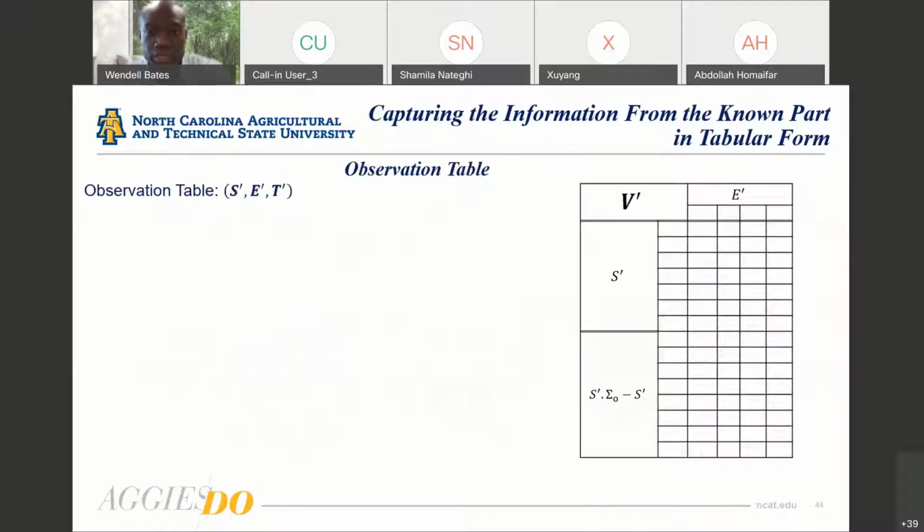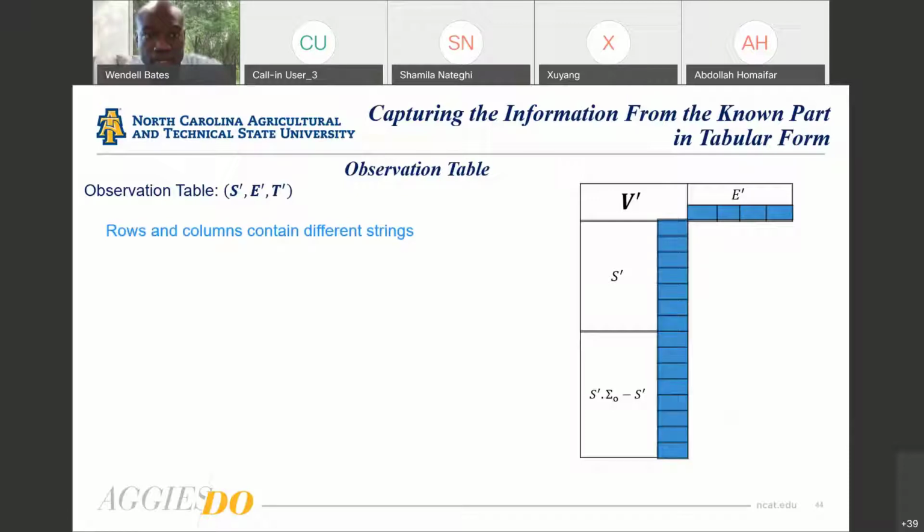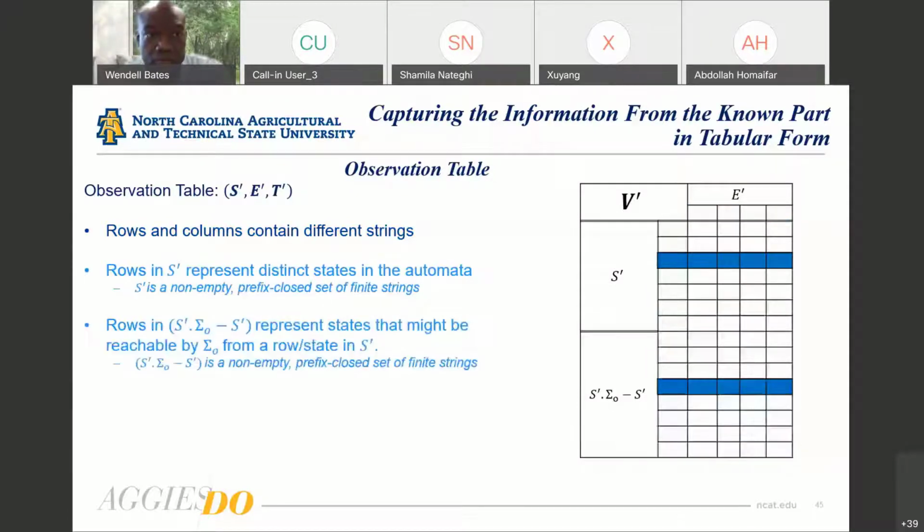And so the information is captured into data structures that we call observation tables, which can be represented as a tuple as well, S prime, E prime, and T prime. So the rows and columns contain different strings. Rows in S prime represent distinct states in the automata, and rows in S prime sigma minus S represent states that might be reachable by events from a row or state in S prime.